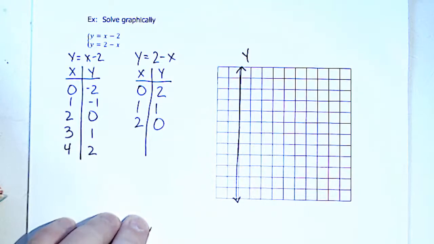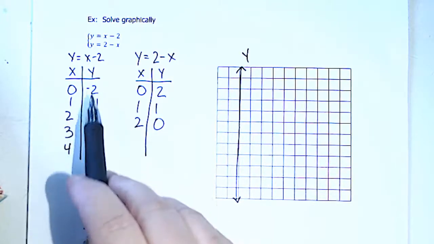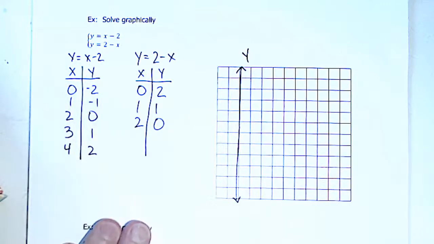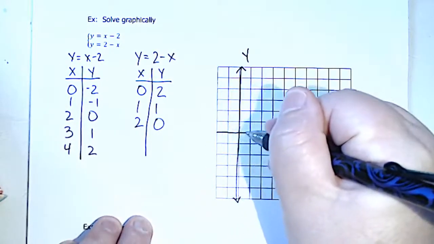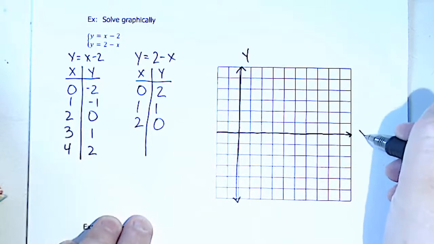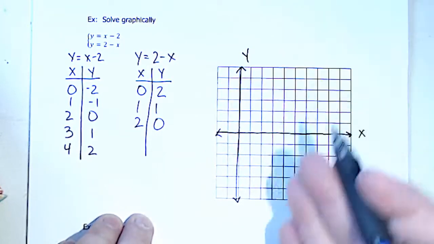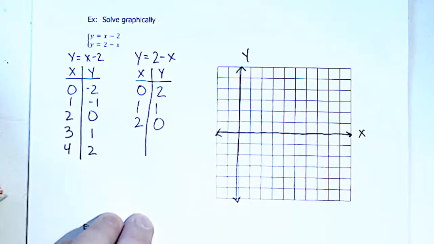So the other thing I'm looking at is the values of y. I've got 0, 1, 2, 0, 1, 2, -1, -2. So I want to make sure I have room top and bottom for positive and negative. So I'll go ahead and put my x there. If you're used to doing your axes in the middle, go for it. This one is fine. The only time you really have to worry is if you have very large numbers or very small numbers.